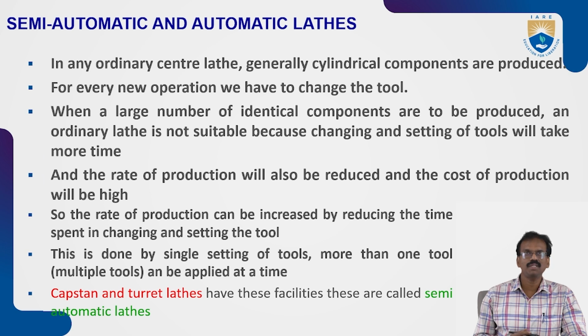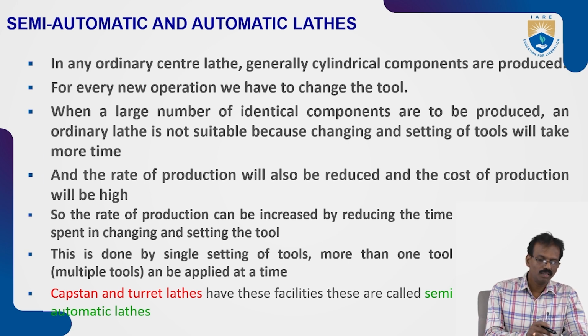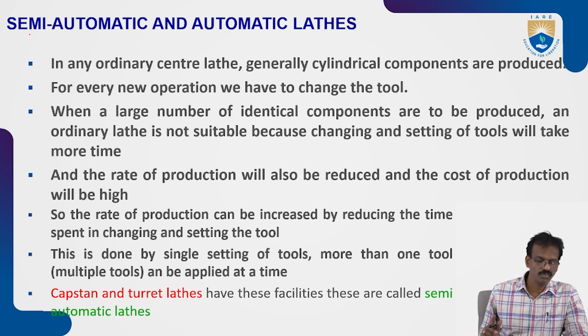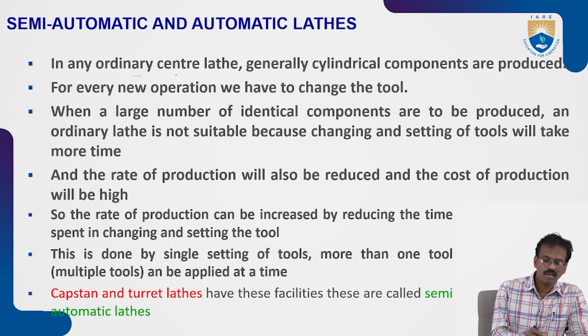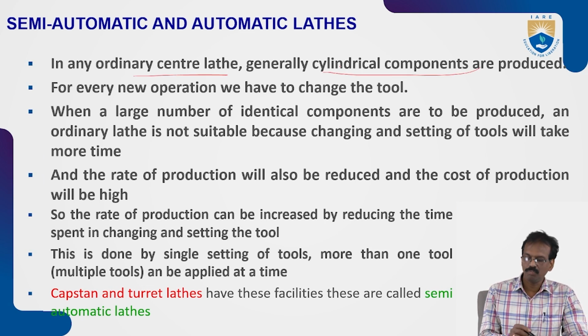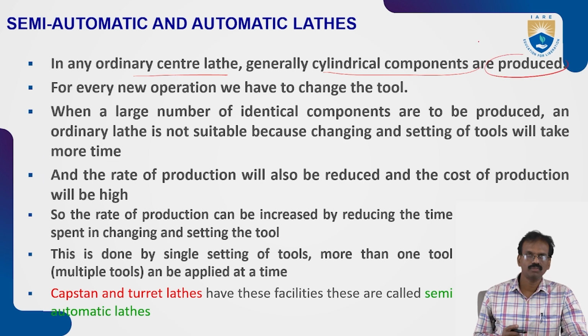Semi-automatic means some functions are performed automatically, and some should be performed manually. In any ordinary center lathe, generally cylindrical components are produced. By the help of lathe machines, you can produce cylindrical components.